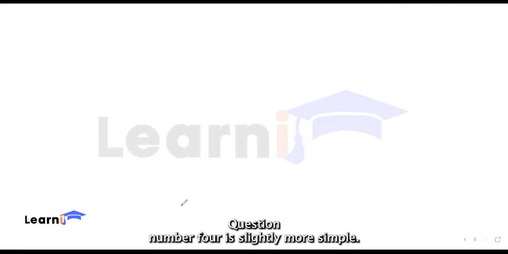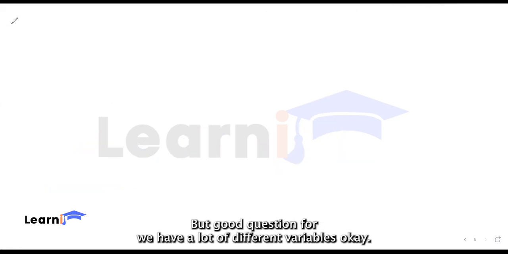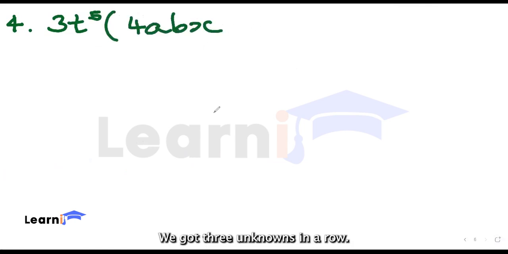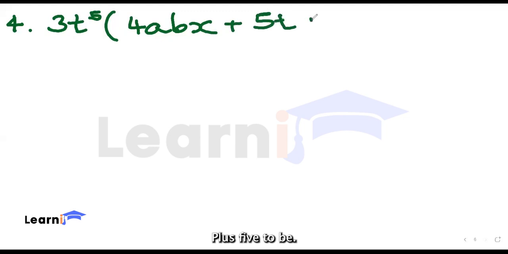Question number 4 is slightly more simple, but with question 4, we have a lot of different variables. Okay, so this is 3t to the 5 into 4abx. We got 3 unknowns in a row. Plus 5tab.